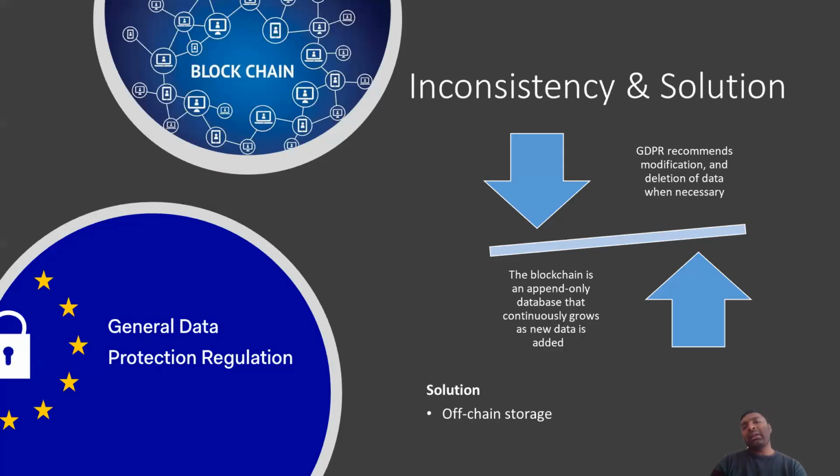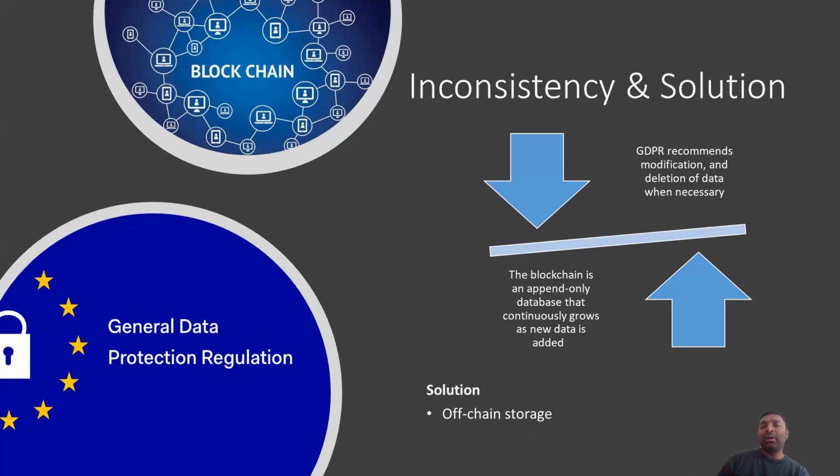But it's not that all principles of GDPR are actually aligned with blockchain. There are actually some inconsistencies. For example, blockchain is an append-only database that continuously grows when new data is added.